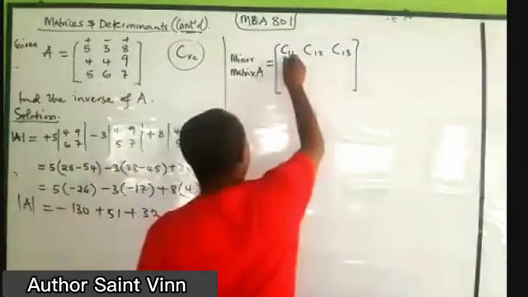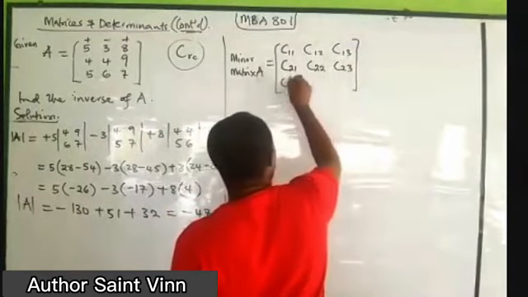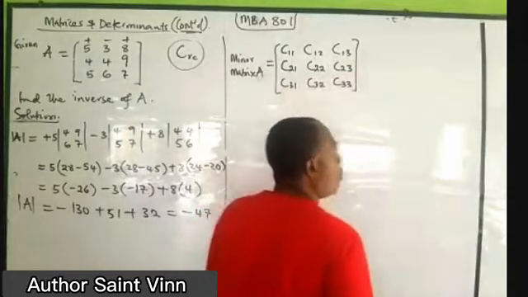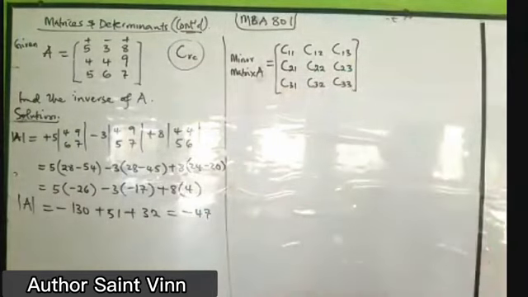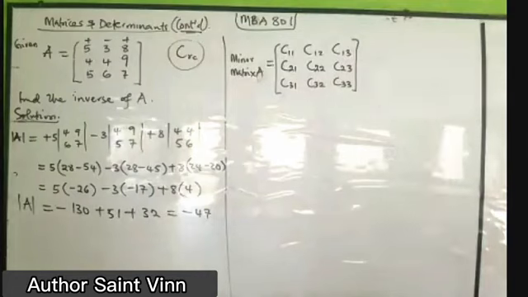Good. What we are simply telling you is that our minor matrix should be like this. What we are going to do now, we must find C11, C12, C13, till the end, and that will make up the minor matrix. Is it clear? Because if I just say it like that, we'll have to give it a name.